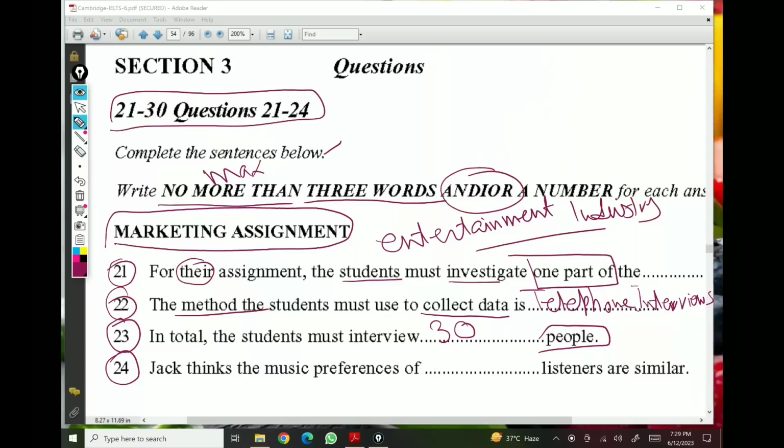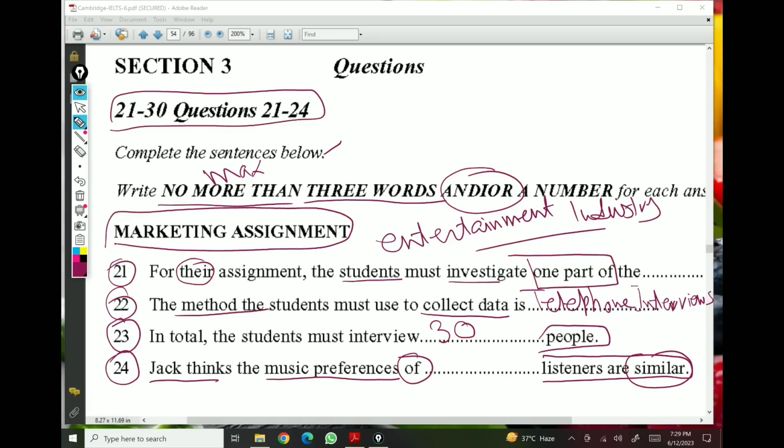Okay. Jack thinks. Now, what is it that Jack thinks? Music preferences of dash listeners are similar. Now, focus on the word similar. Focus on the words music preference. Now, listen.